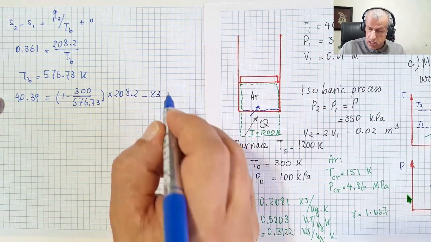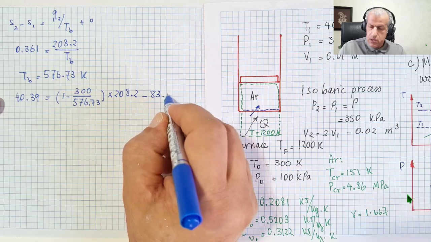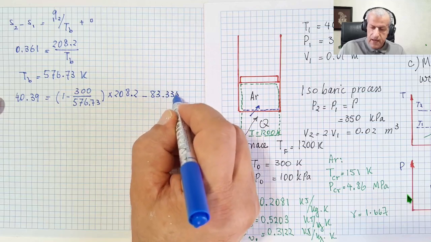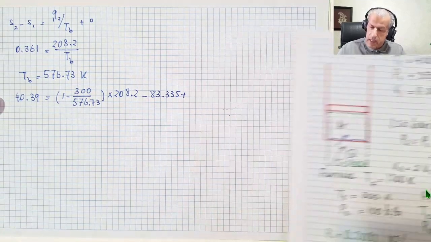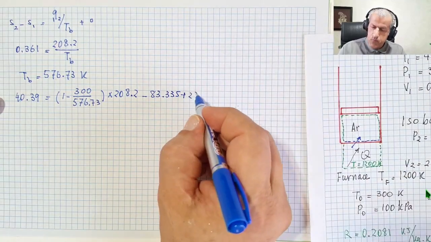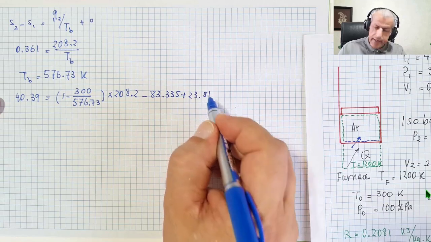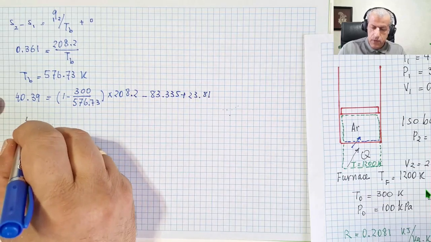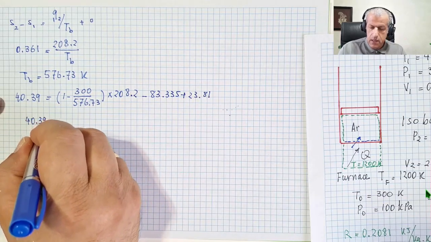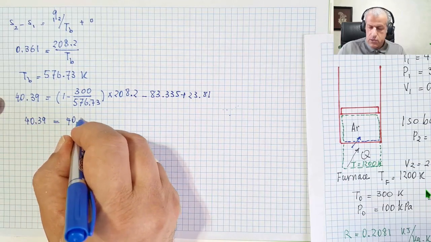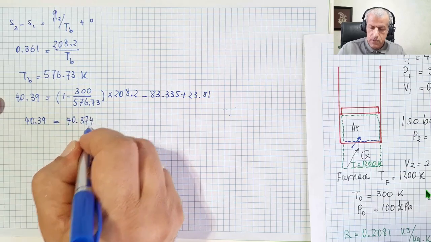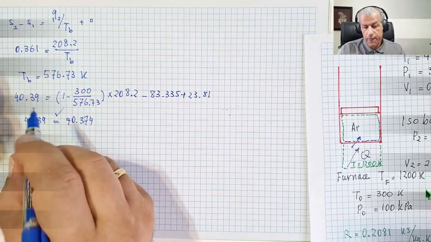Work doesn't change, 83.335, and plus 23.81. And that gives us that 40.39 would equal 40.374, which is a good enough result.